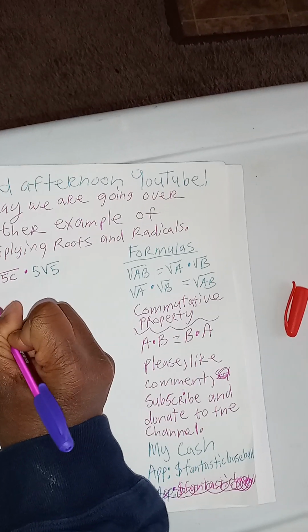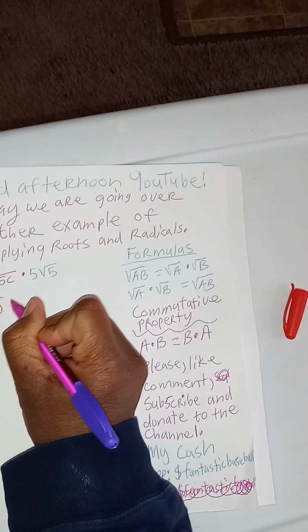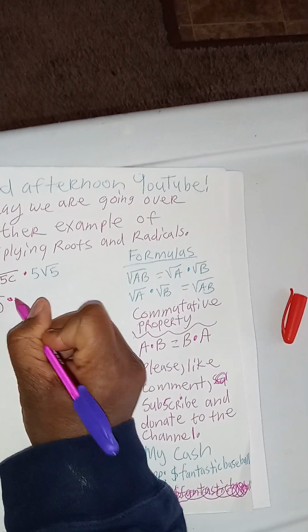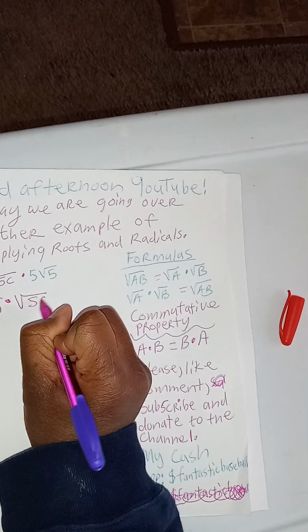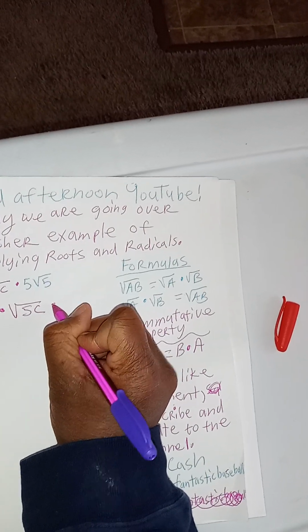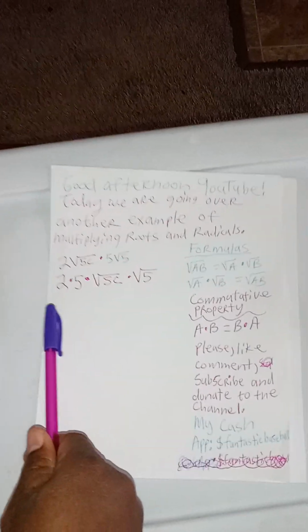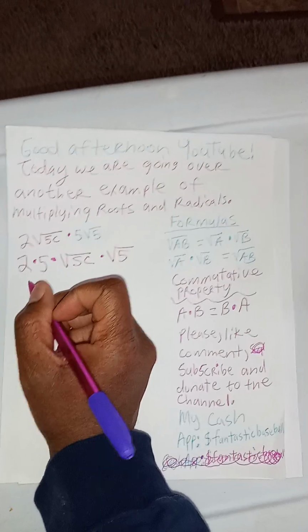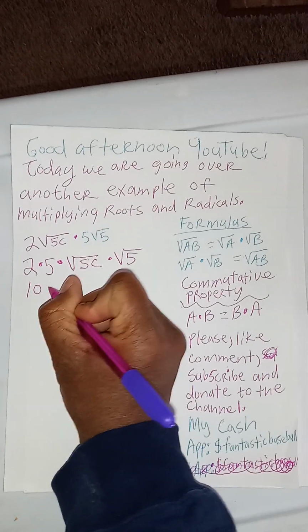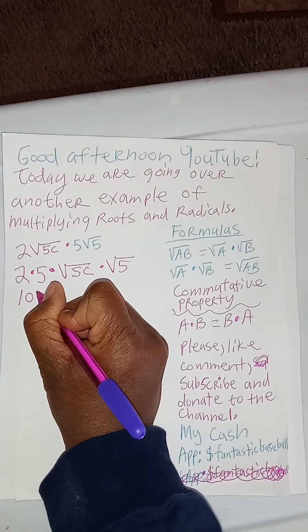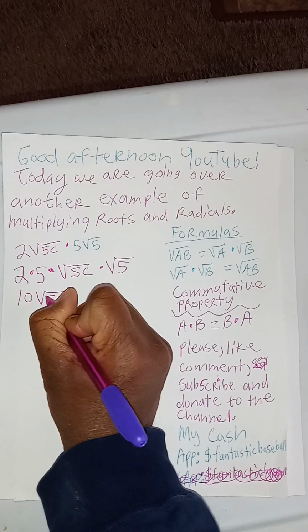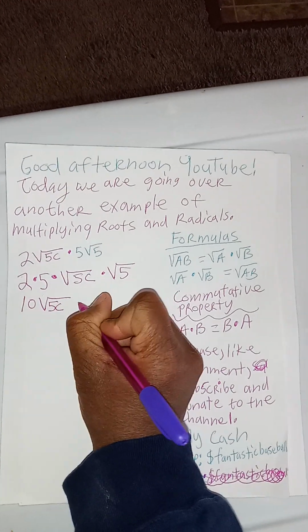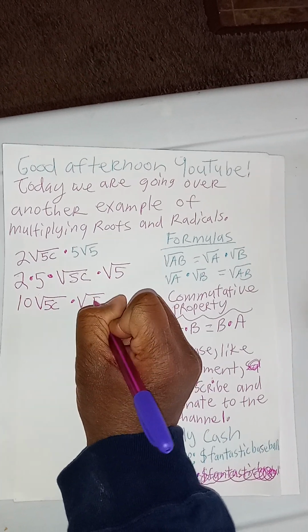So 2 times 5 times the square root of 5c times the square root of 5. 2 times 5, we can go ahead and simplify that, and that will yield us 10. And then multiply with square root of 5c times the square root of 5.